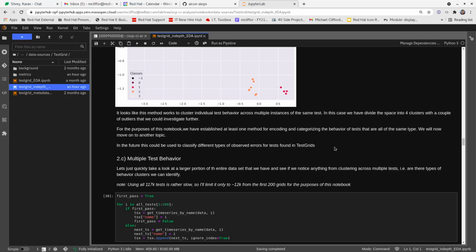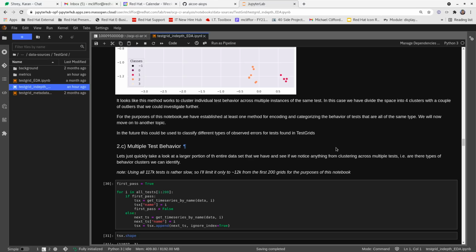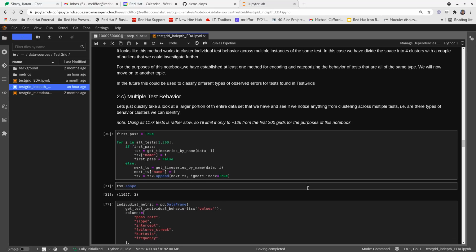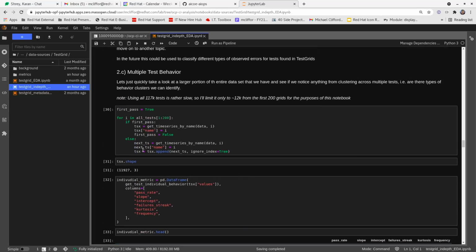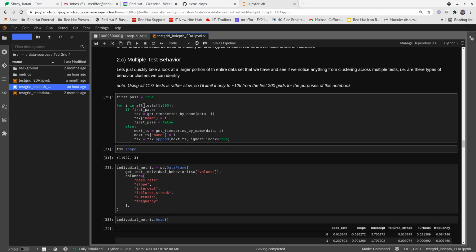So we did that for just a single test across the platform. But we also want to look at all of the tests in aggregate. So we can perform the same kind of analysis for all of the tests. Here there are 117 different tests.